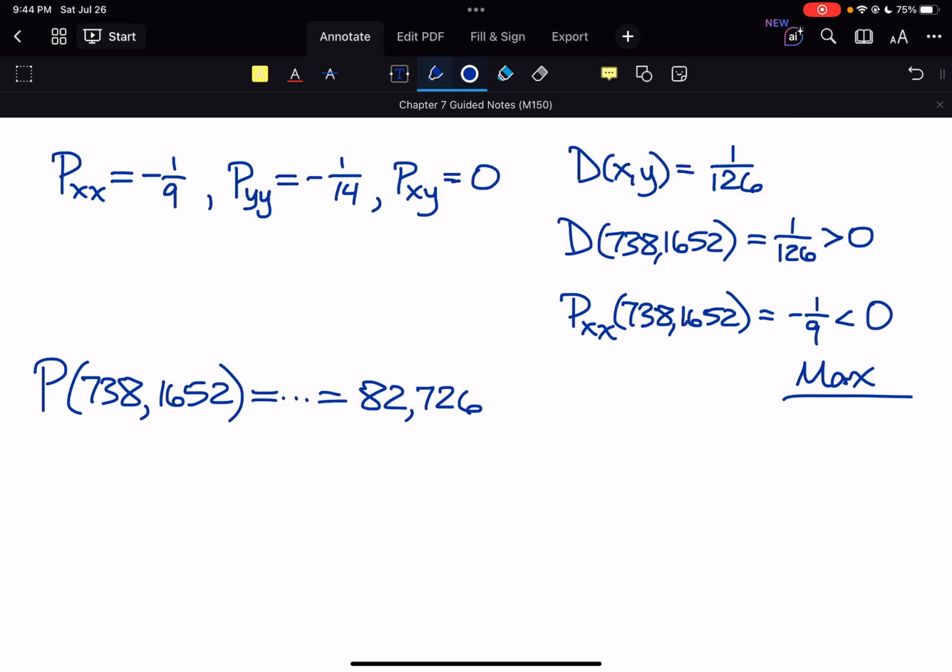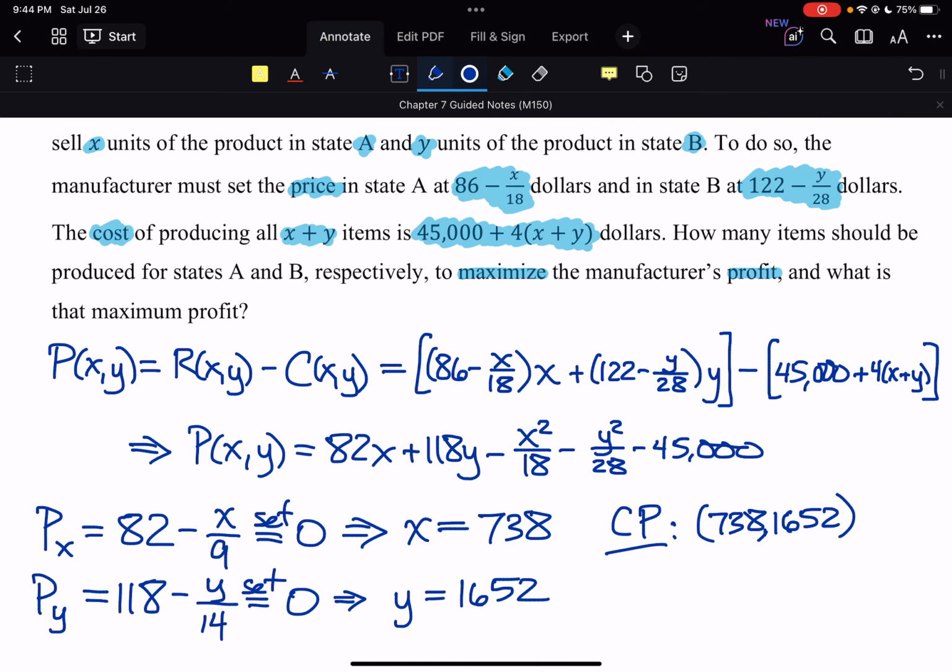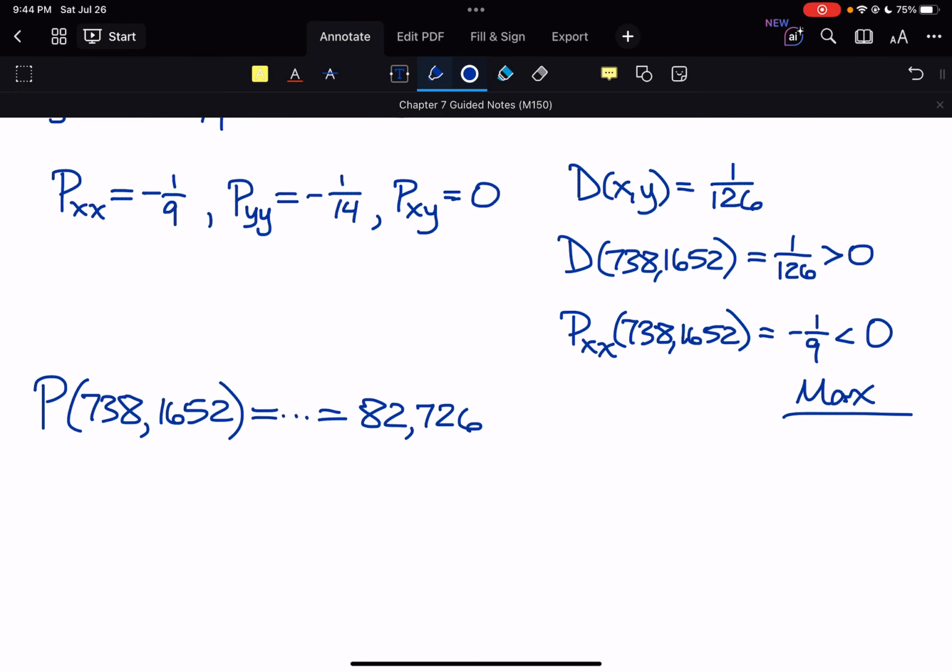So the question was, how many items should be produced for states A and B to maximize their profit, and what is the maximum profit?